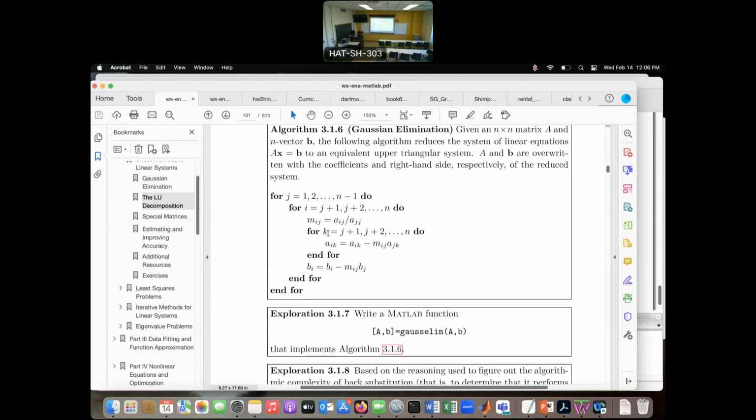So you are doing the storage right. It's just that you might as well wait till the end. Actually, what you're also allowed to do is, right now your function is written as function LU equals Gauss lim of A, but you can have the input and output overlap.